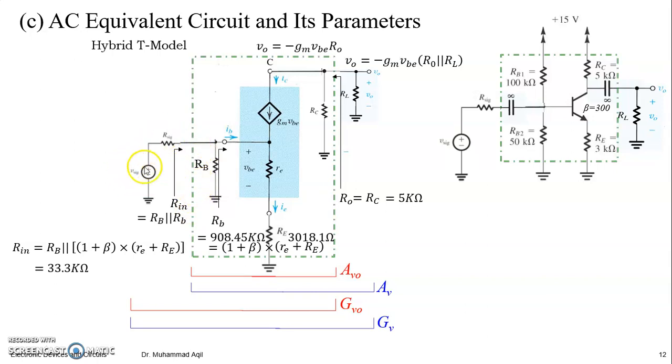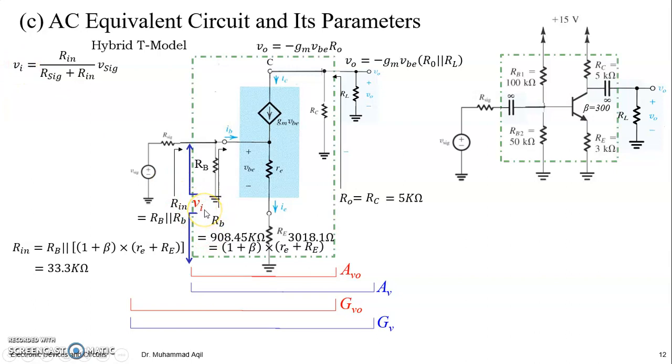You can see V signal, the input AC source, sees two resistances in series: one is R signal and another one is Rin. This sees the overall combination of these resistances, which we already found as Rin. So the voltage across here will be the voltage at the input of this stage, Vin, and this Vin is nothing but the voltage divider version of V signal. So Rin divided by R signal plus Rin into V signal will be your input voltage.